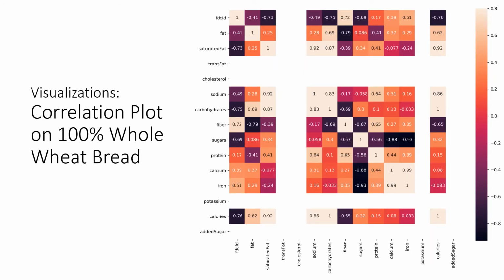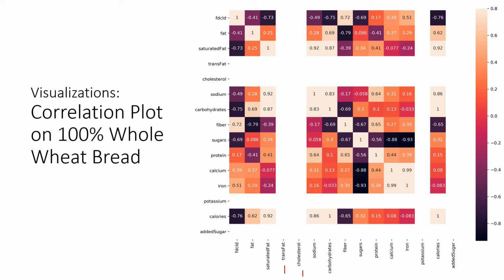Okay, now let's look at the correlation plot on 100% whole wheat bread. FoodData Central actually only returned 5 items related to my 100% whole wheat bread search. And of those 5 items, as you notice, there is no trans fat, there is no cholesterol, and there is no potassium reported.